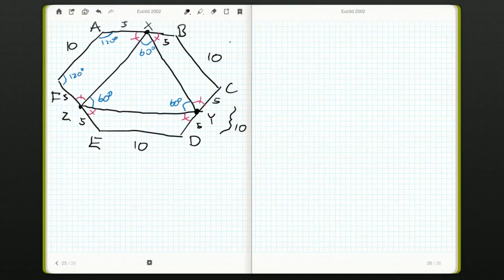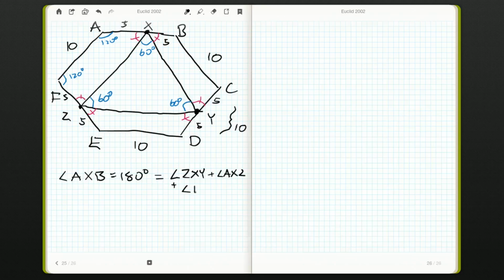Well, our red angle, so I guess we could say angle AXB, but it's a full line, is 180 degrees. But it's equal to angle ZXY, which we know is 60 degrees, plus angle AXZ, plus angle BXY.